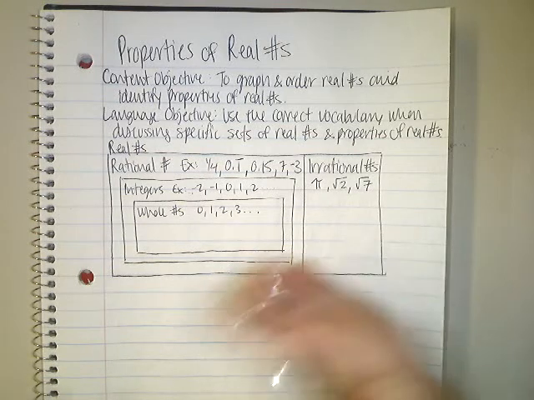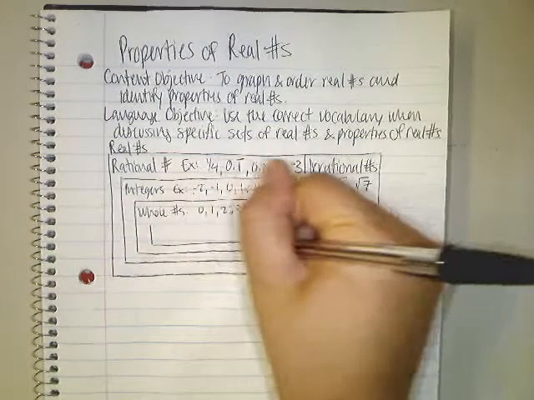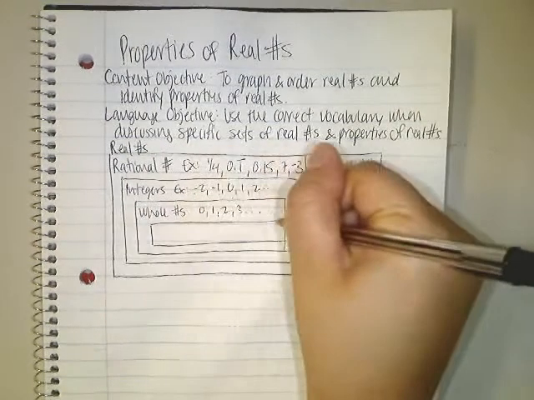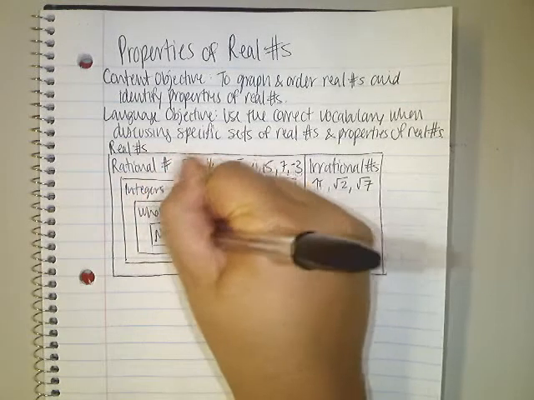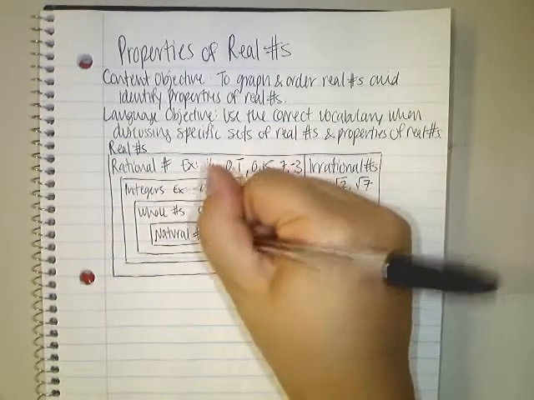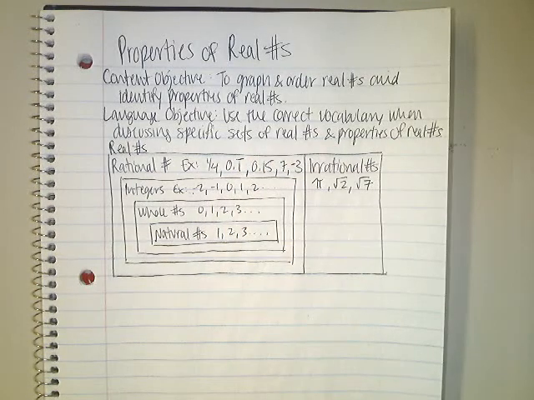So when we get to whole numbers, we've now dropped all the negatives, and we're just working with the positives. The most narrow and exclusive category we're going to mention is natural numbers. And this takes out 0, but it's otherwise the same. So the only difference between whole numbers and natural numbers is whole numbers include 0, natural numbers does not.